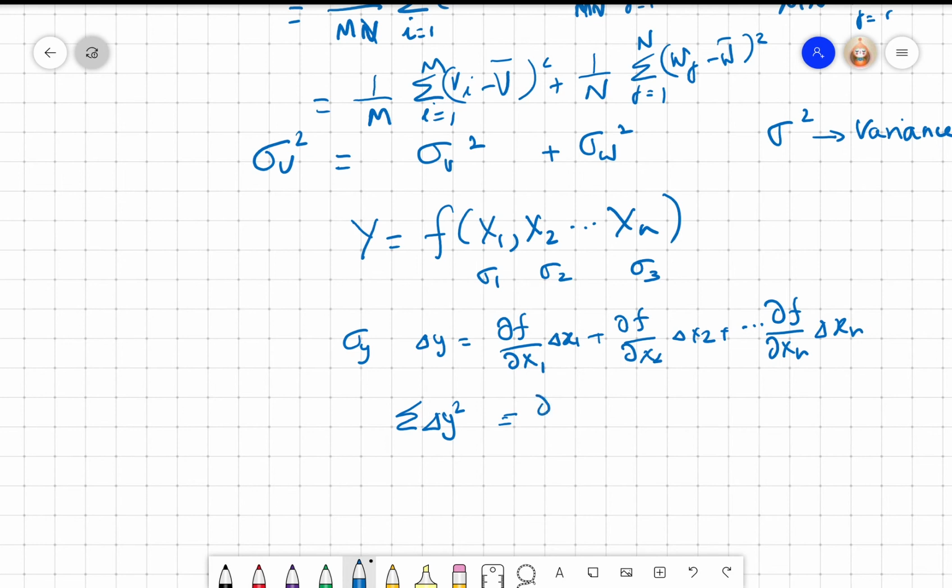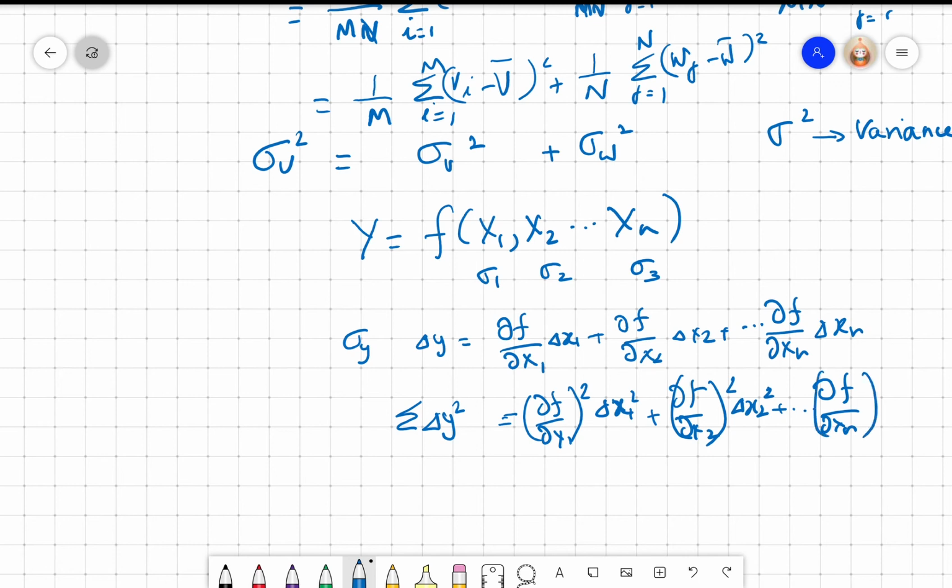I would get dou f by dou x1 whole square into delta x1 square, and the other way I put is dou f by dou x2 whole square into delta x2 square, up to dou f by dou xn whole square into delta xn square, and of course there is a summation, right?